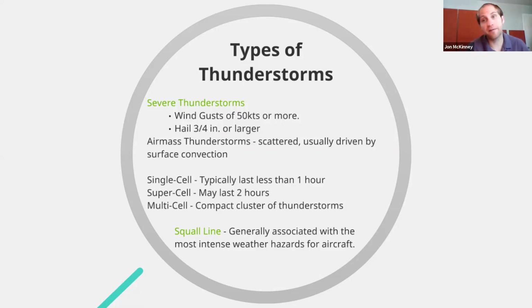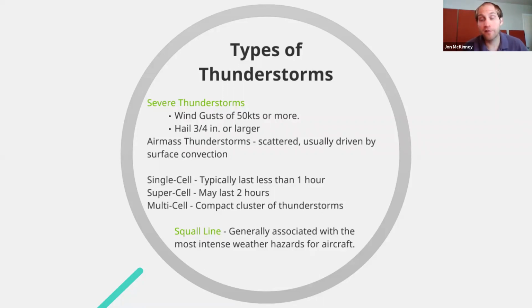Not necessarily the same thing as a front. We're talking about heating of the air mass from below with the surface heating. So that'd be the air mass thunderstorm. It's not going to be as severe. You know, the cloud tops are not going to grow as high in such a situation.